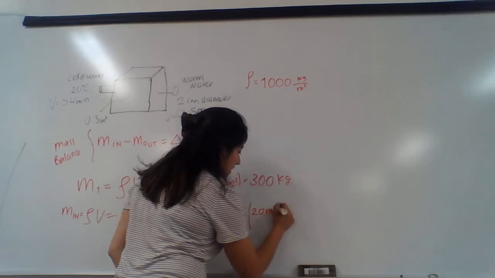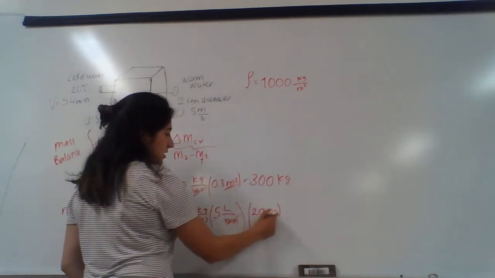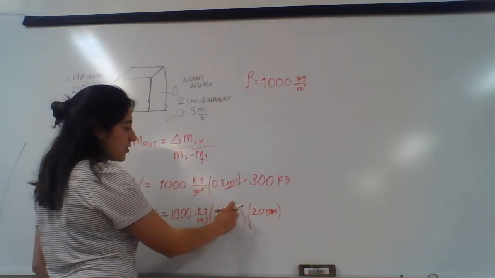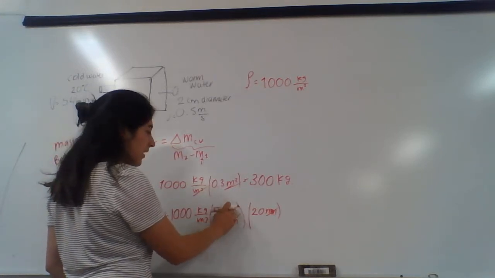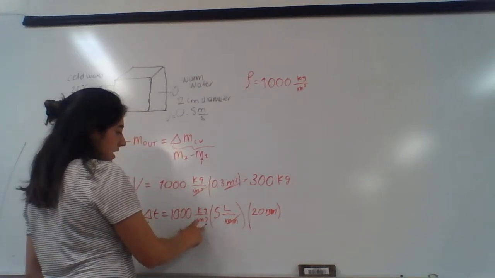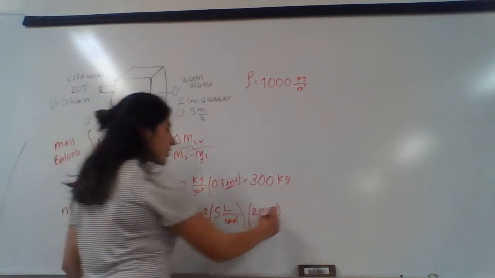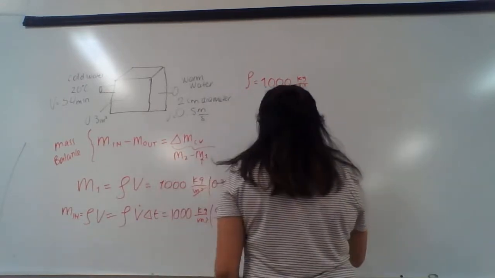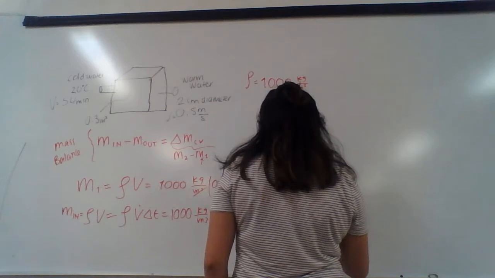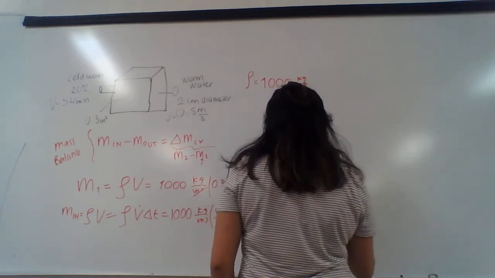So it's 20 minutes, but we have to convert these liters to cubic meters to get only kilograms. So we know that in 1 cubic meter there are 1,000 liters.